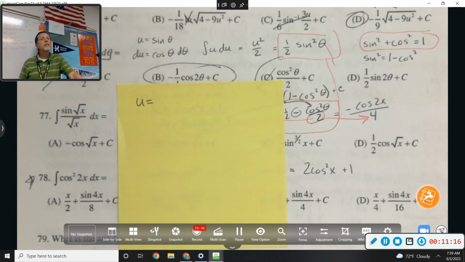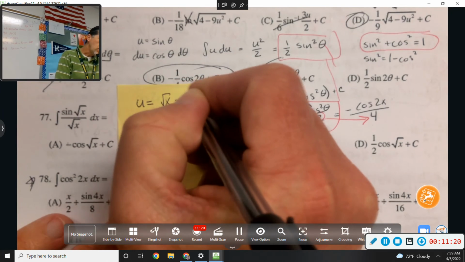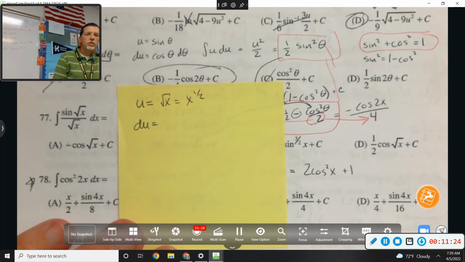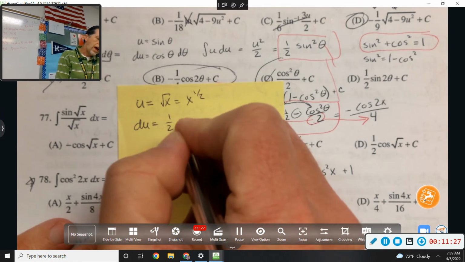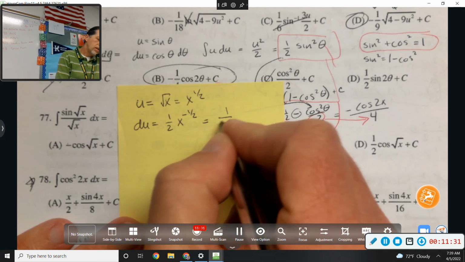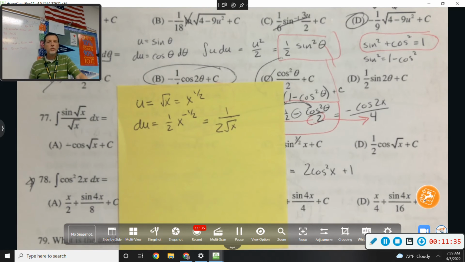So let's try the square root of x, or x to the 1/2. Then du is 1/2 x to the negative 1/2, which is 1/2 square root of x.